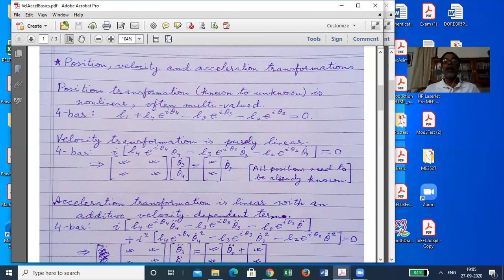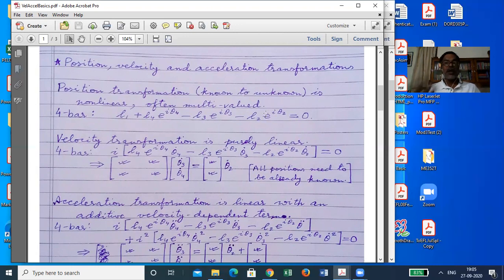So I being common is not an issue, but only one velocity term appearing in each of the terms is important, and that is 0. When you resolve this, then you get sin theta 2, sin theta 4, cos theta 2, cos theta 4 etc. And there we were discussing position transformations.